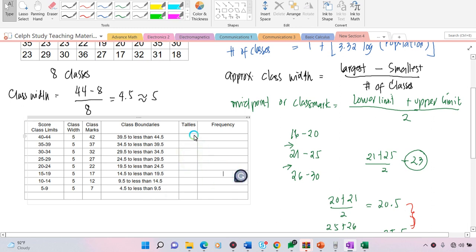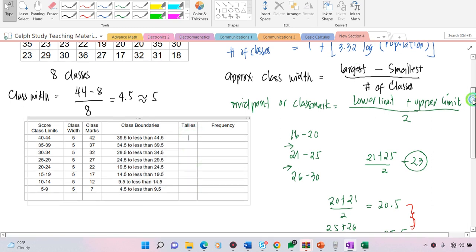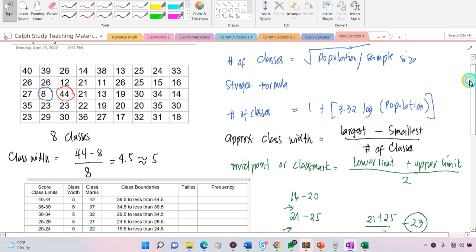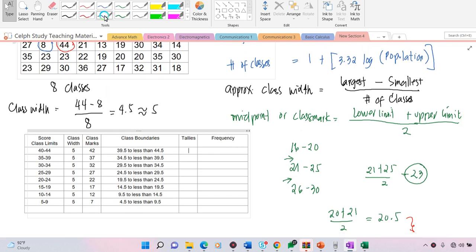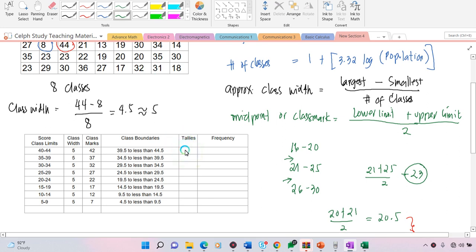Okay, so those are our class boundaries. Next, if you look here, you could do your own tally. I will not go into detail right away. But if you tally, this is 2. Here, this is 5.